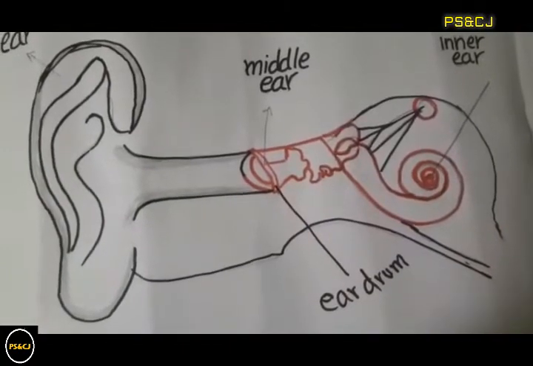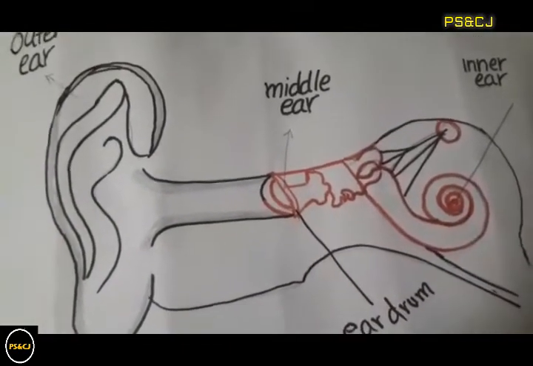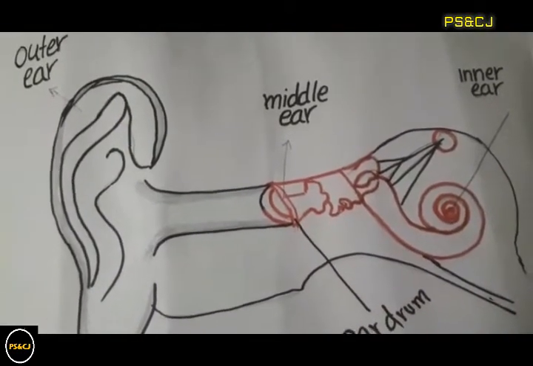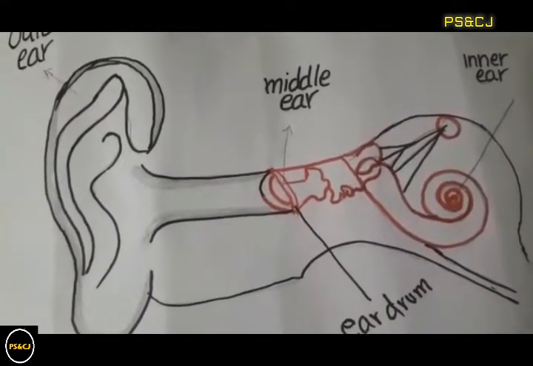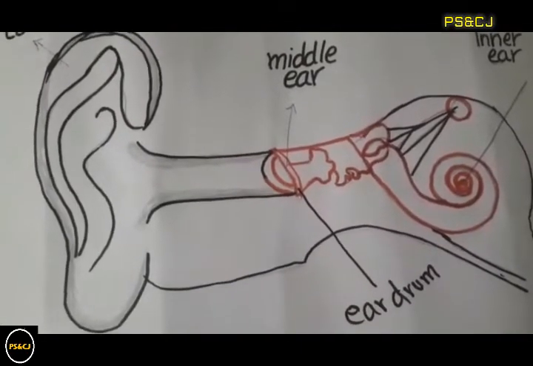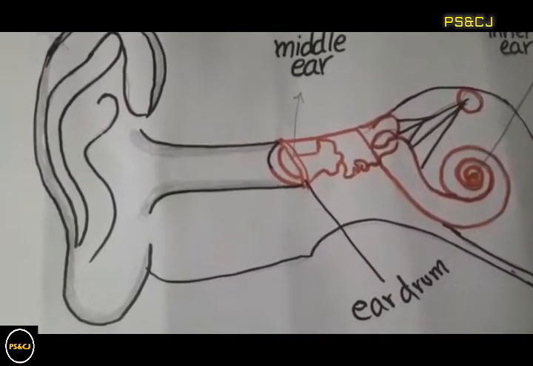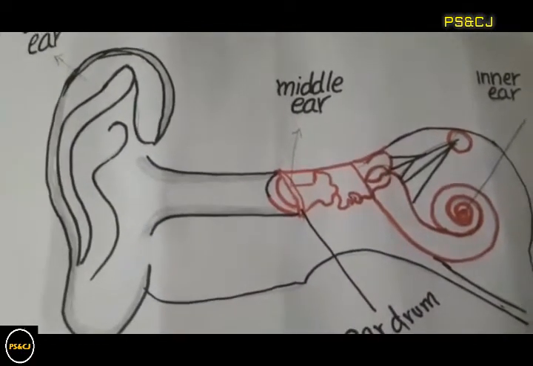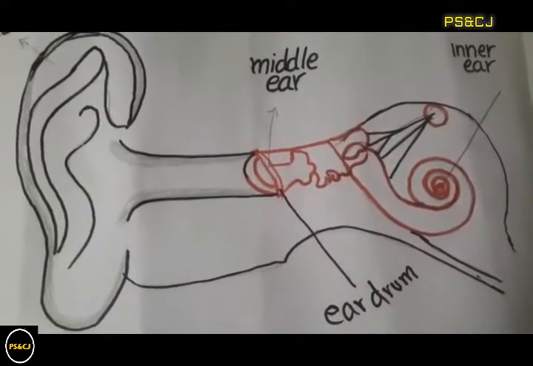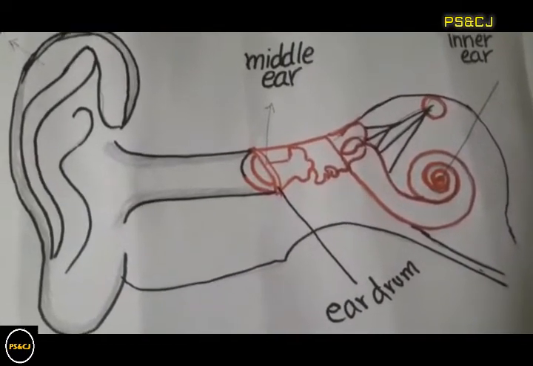When the waves of sound come from the outer ear and strike on it, it starts vibration. And that vibration goes to the inner ear. The inner ear is a fluid-filled, coiled structure.